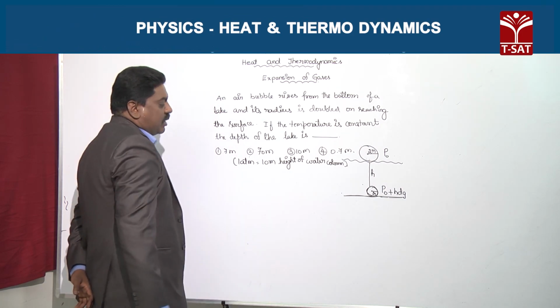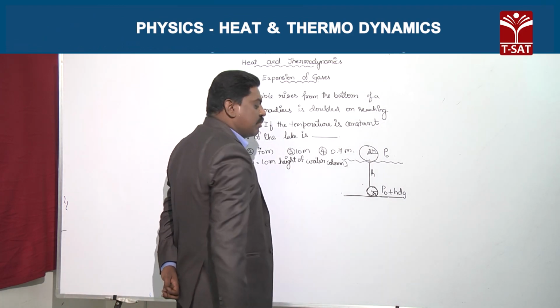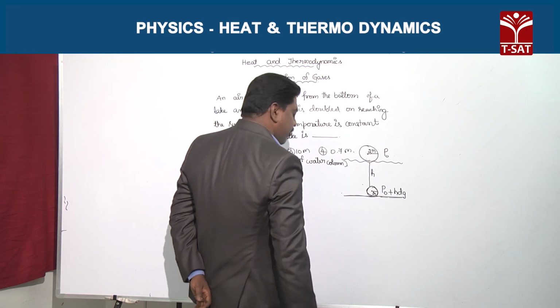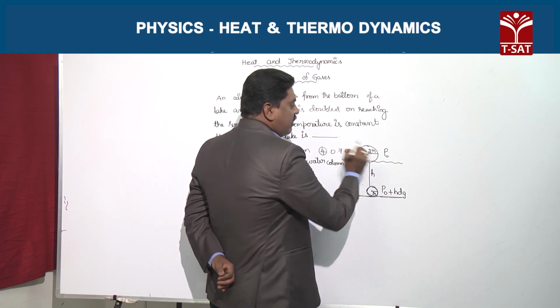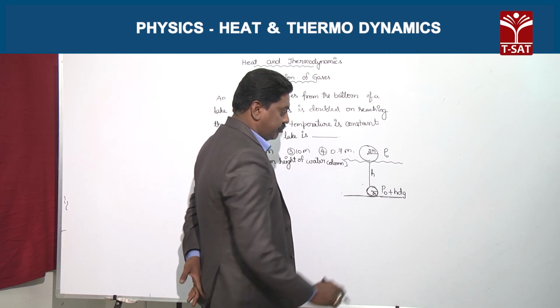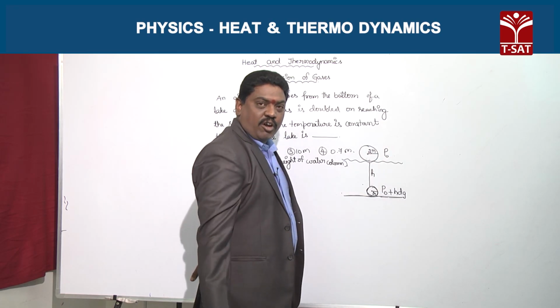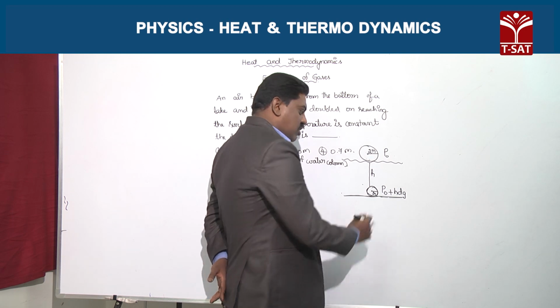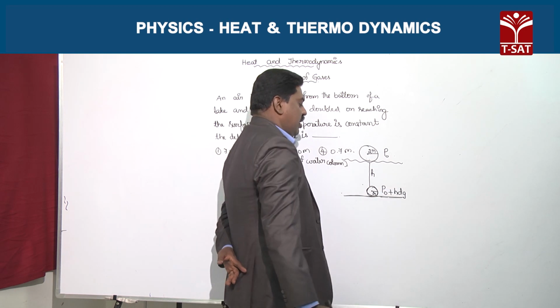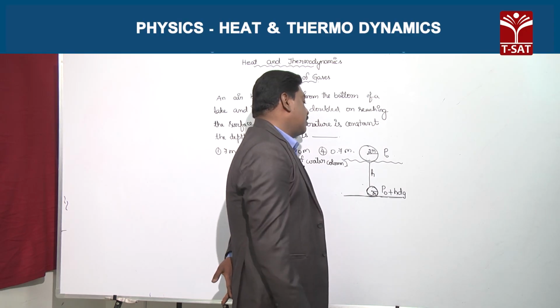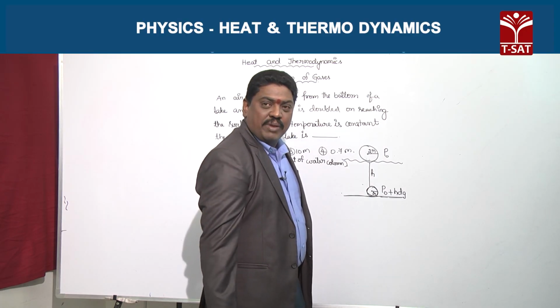Now, according to the problem, when the air bubble is at the bottom, its radius is r. As the air bubble moves to the surface of water, its radius becomes 2r. On the surface of water, the pressure acting is P0, and at the bottom of the lake the pressure acting is P0 plus h rho g.